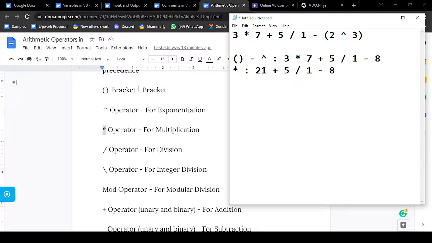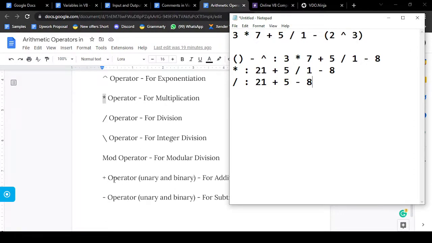So following this same order, the next one I'm supposed to tackle is this division sign over here. Executing the division sign, I'm having 21 plus 5 divided by 1, which is going to be 5. So minus 8.